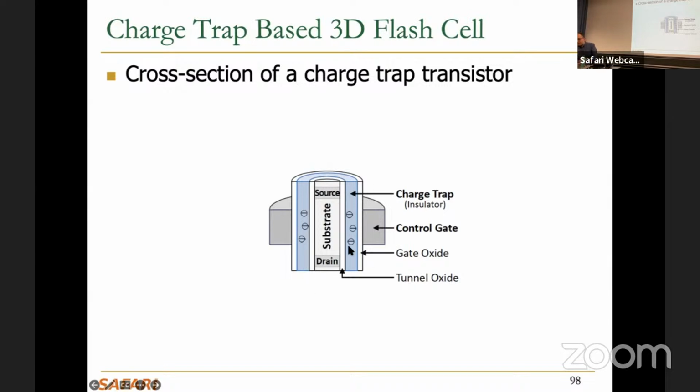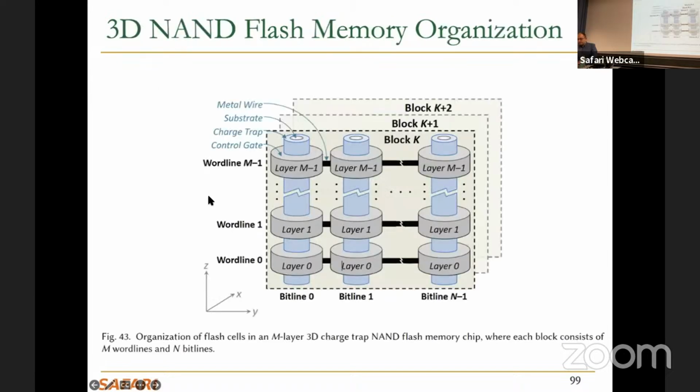Basically, the function of that is not that much different compared to floating gate. Floating gate can also be built for 3D NAND flash memory as well. But it turns out that using charge trap is easier to manufacture for 3D. And that's why that's the common technology for making 3D NAND flash memory.